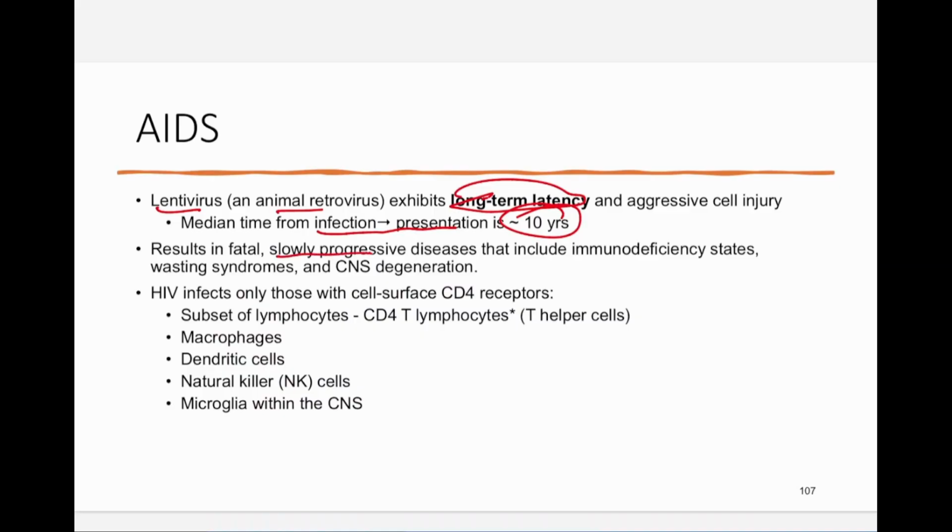Fatal, slowly progressive disease: immunodeficiency, wasting syndromes, and CNS degradation occur. It only infects cells that have a CD4 receptor. That's why your helper T cells are targeted with the HIV virus, because they have the CD4, they target those.